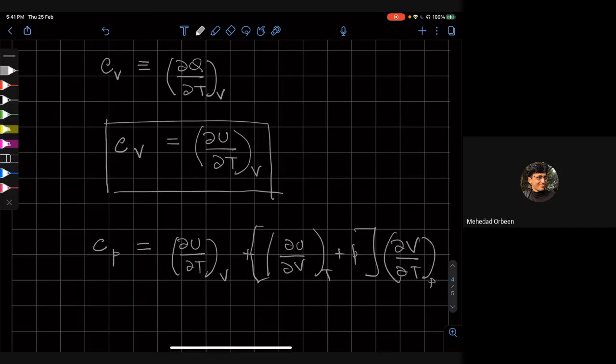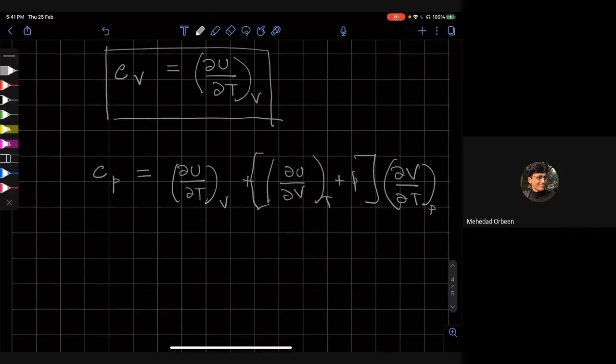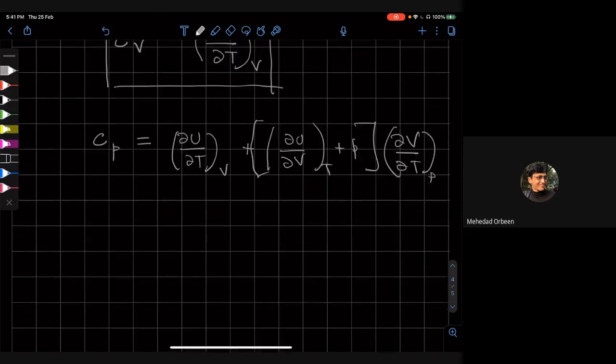So these are the two heat capacities. Heat capacities are extensive quantities, because the bigger your system is, the greater the heat capacity is going to be. So you can turn them into intensive quantities by, say, dividing by the mass of your system. That's a kind of trivial observation.